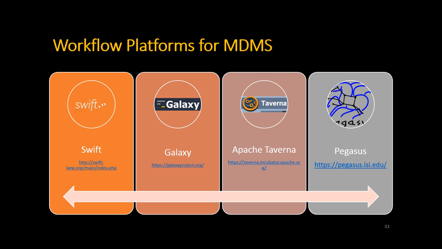Galaxy could be used for when you have data sets that have been characterized or transformed to then enter into a pipeline. And of course, you have Apache Taverna, which is more of a workflow tool, and Pegasus, which also is a workflow tool, but more in an HPC environment.